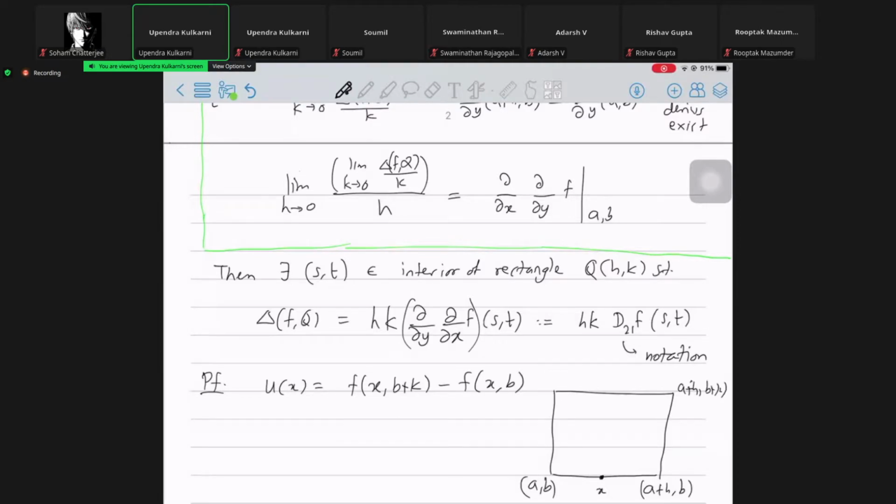You see what I'm saying. Let me not label it once again. The important thing is that this is x comma b plus k. Okay, very well. So then, what is delta f over Q in terms of u?